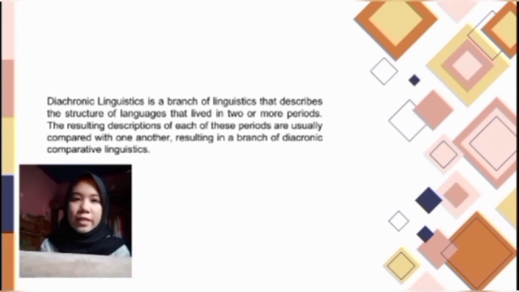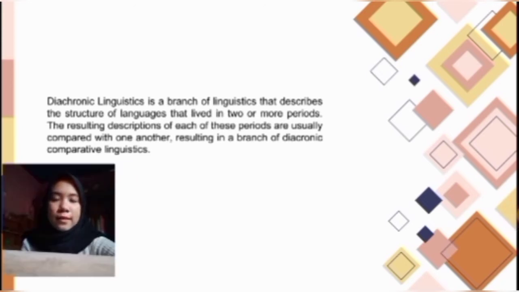Diachronic linguistic features. A. The development of the Malay language from the beginning until now. B. Development of the Sanskrit language from the beginning of its appearance to its extinction. And then C. The development of the Indonesian language from its inception to the present.